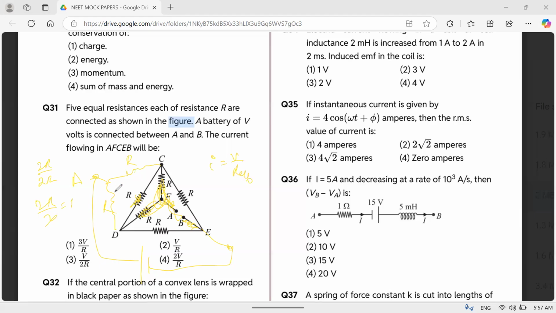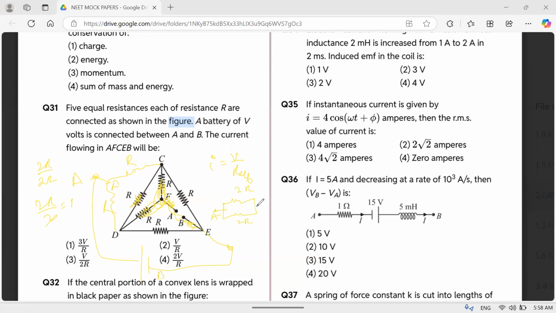Between A, F, C, E, B. Above one is 2R. Below is also 2R.